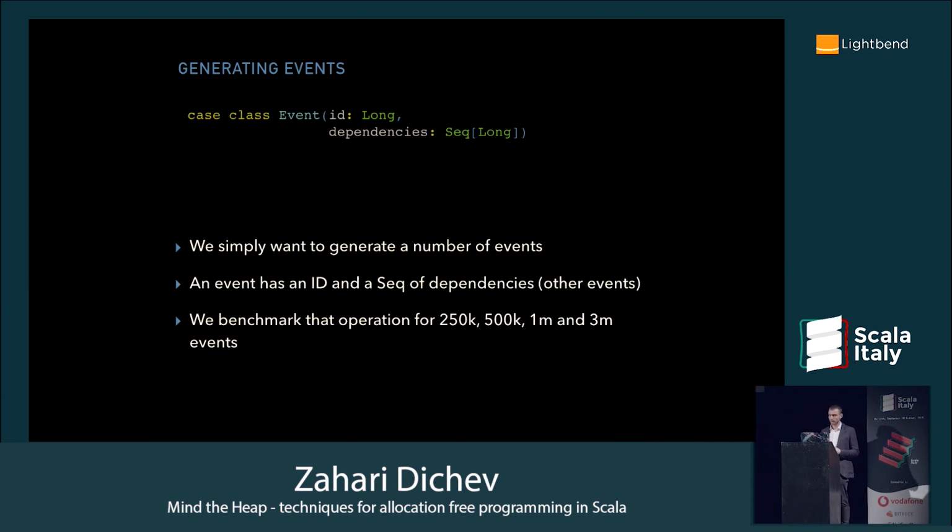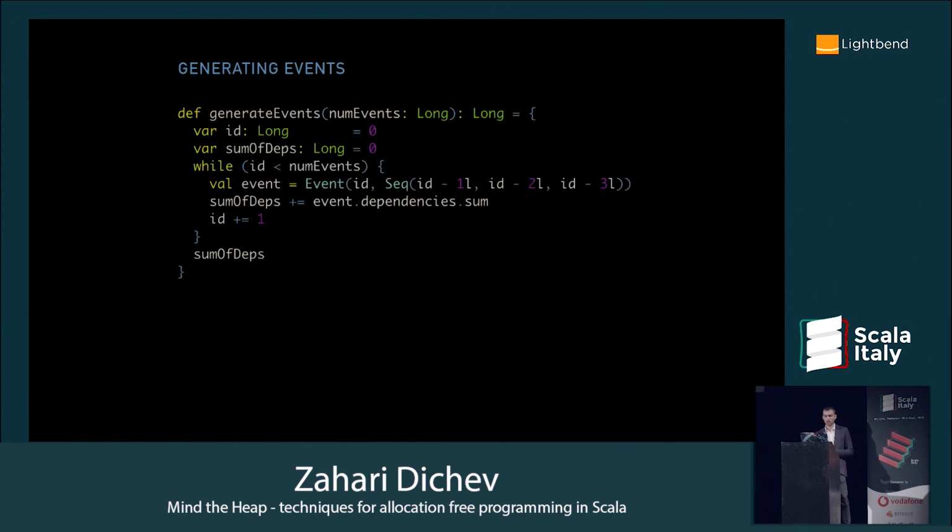And we simply want to generate a number of events, and we benchmark that operation for 250,000, 500,000, 1 million, and 3 million events. Our code looks a bit like this, quite simple. Here we are creating a sequence that's passed to the event.